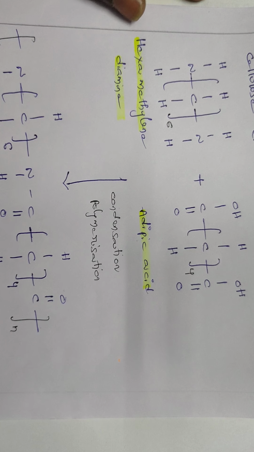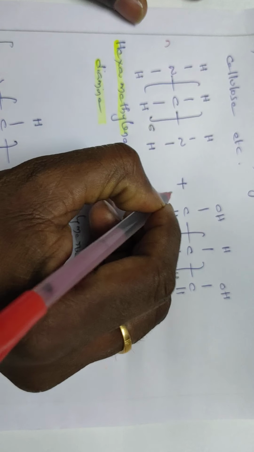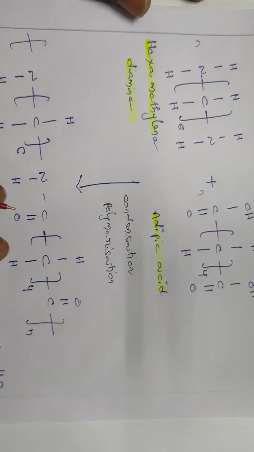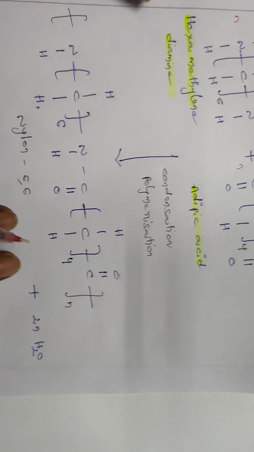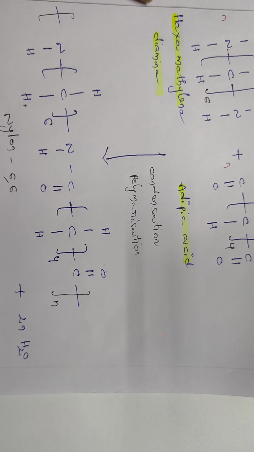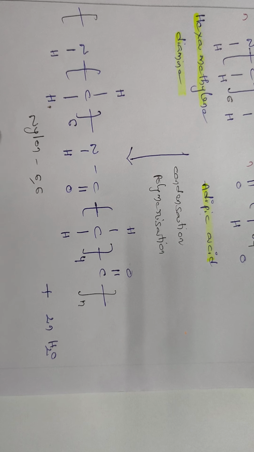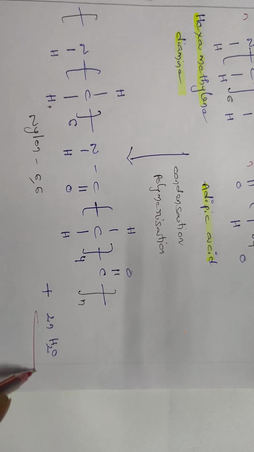Okay, on combination of several molecules, n molecules of hexamethylene diamine and n molecules of adipic acid, on each combination of hexamethylene diamine and adipic acid, it eliminates 2 water molecules. So then it produces nylon 6,6 with elimination of water molecules.